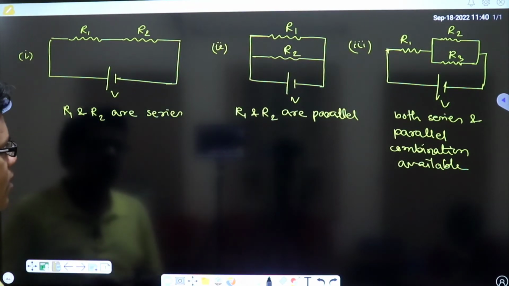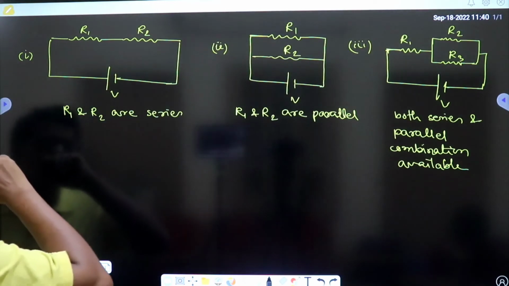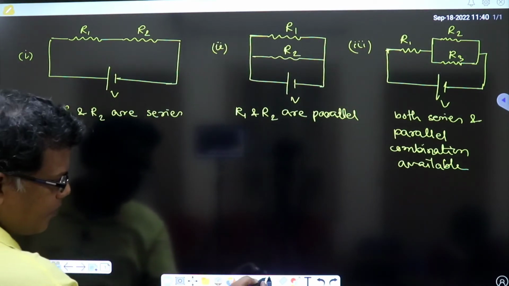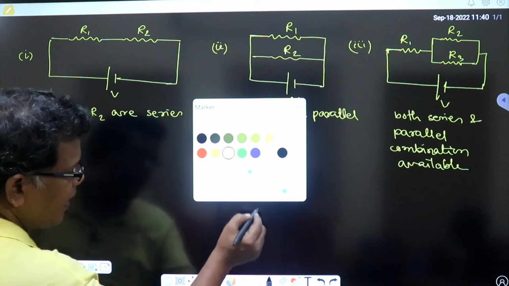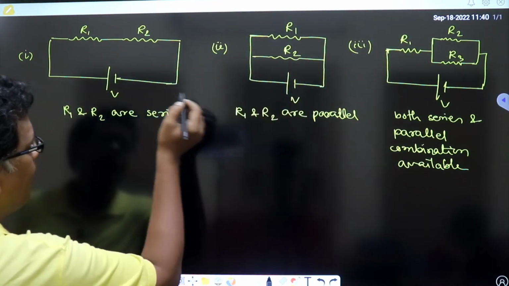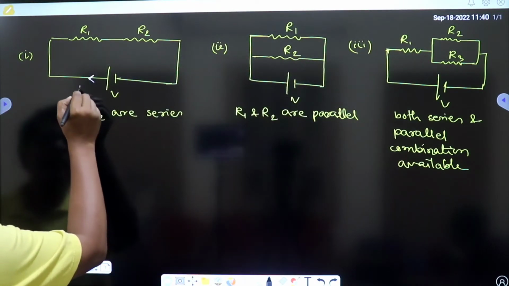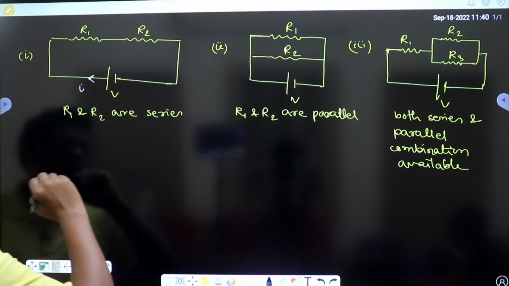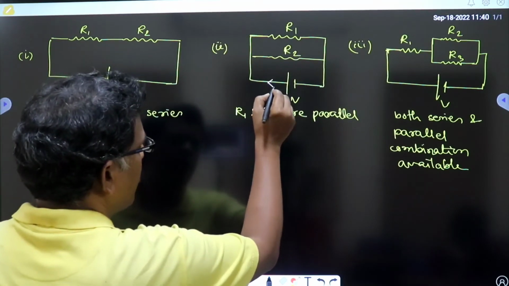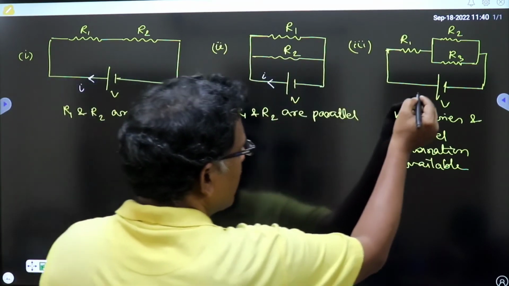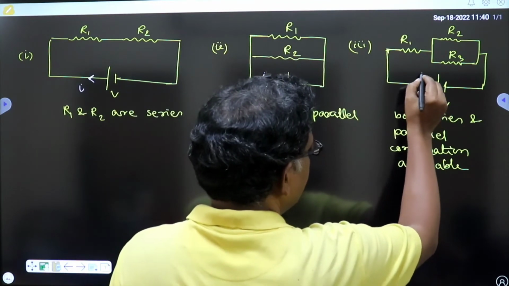That means the net current drawing, whatever be the situation, if I take the current drawing in this or the current drawing in this or the current drawing value in the third circuit, right?